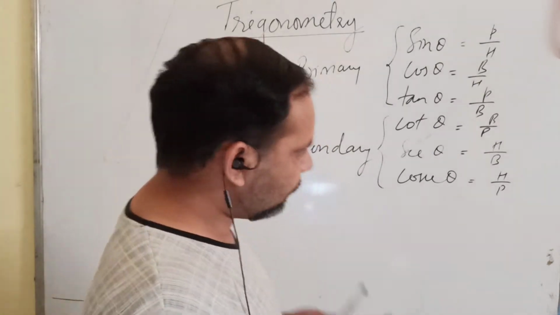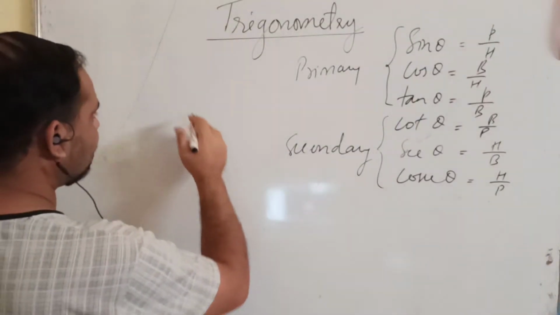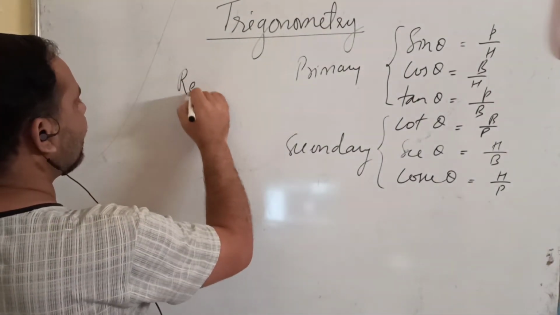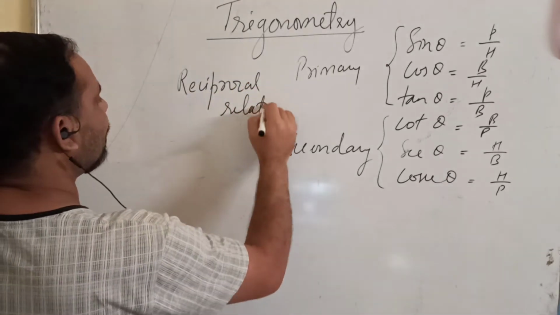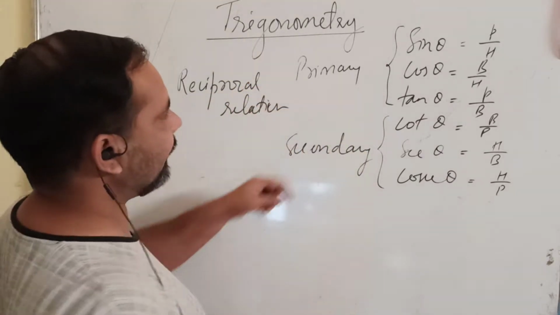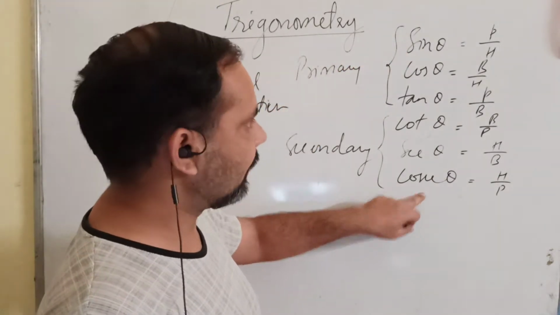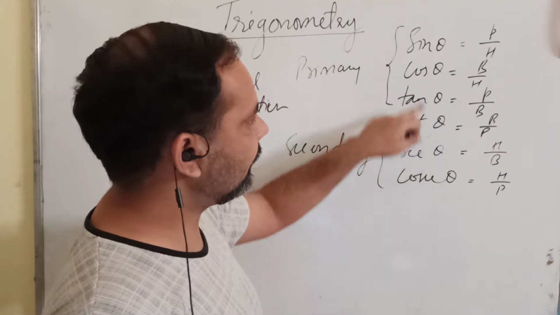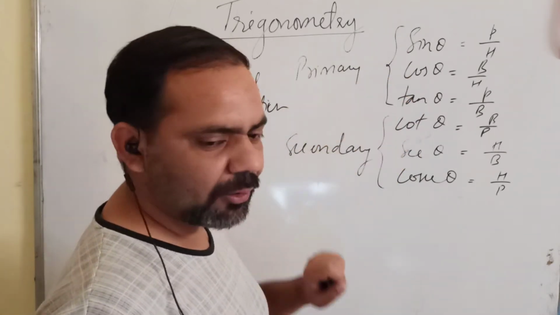Okay. Now, the different type of relations that we have studied in class 10th are, your first one is reciprocal relation. Reciprocal relation is this, the reciprocal of sine theta is cosec theta. So 1 upon sine theta is cosec theta, 1 upon cos theta is sec theta, and 1 upon tan theta is cot theta.